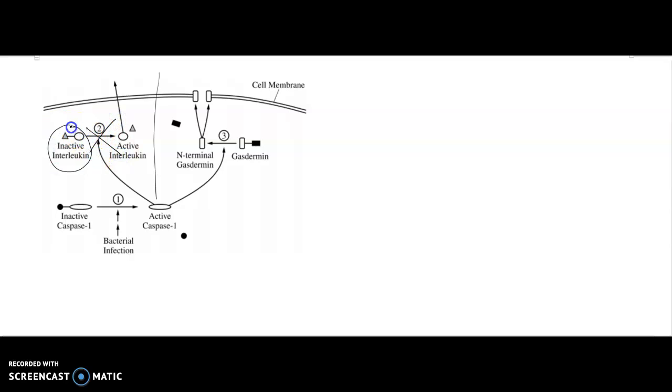I am stuck with inactive interleukin. Notice how that doesn't affect this process on the right at all. So Gasdermin will still become N-terminal Gasdermin, and that will still incorporate itself into the cell membrane, because this process does not require interleukin. The only thing that interleukin does is leave the cell.